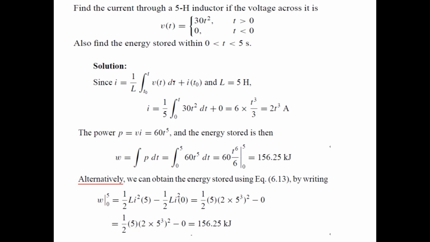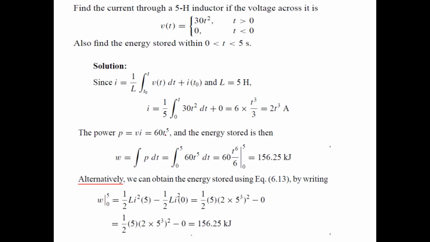So big deal. Just put the value of v(t) here, 30t square dt. The initial value of current is not given, it is assumed to be 0, and current becomes this.